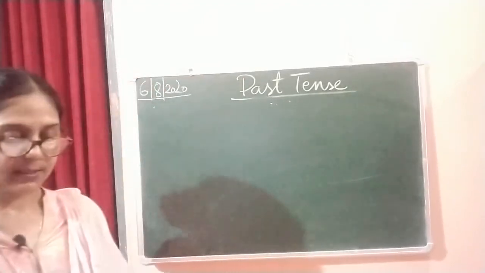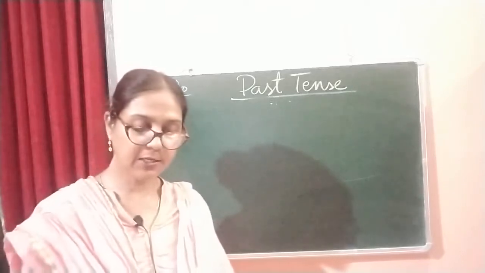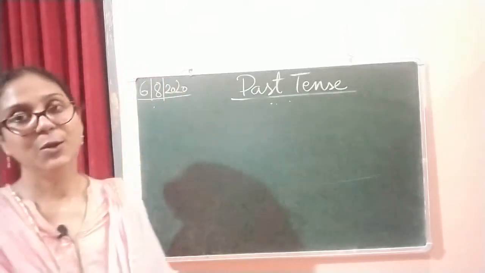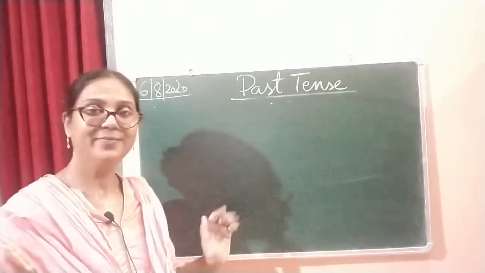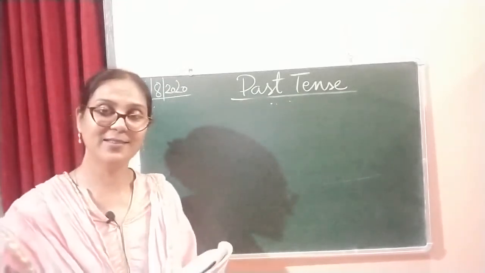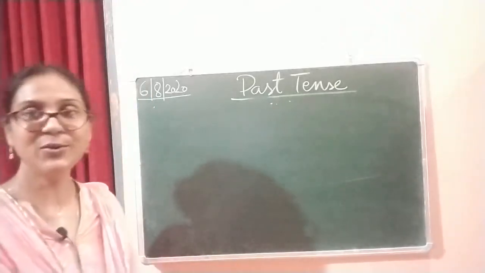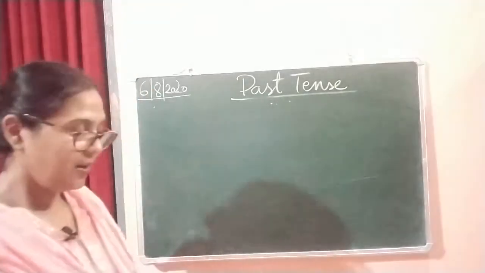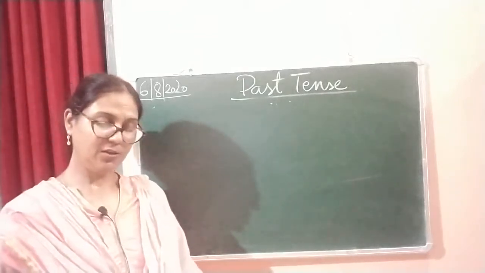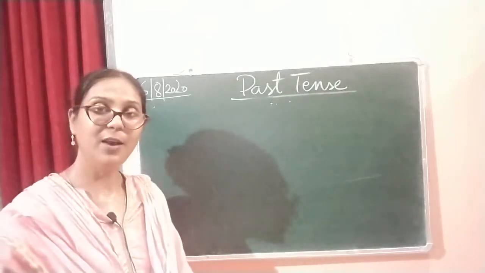Rewrite these sentences in negative and interrogative forms. As you all know, we have just discussed negative and interrogative in past tense. So now we are going to write. He gave an enlightening speech.